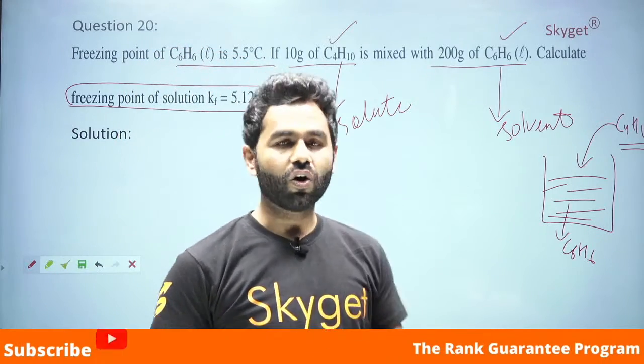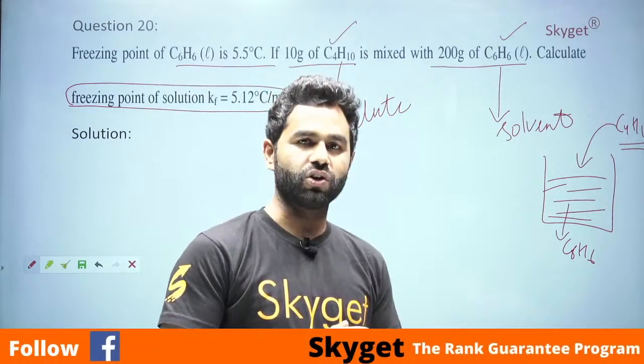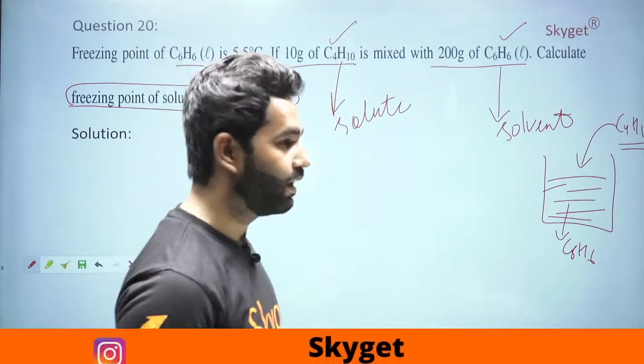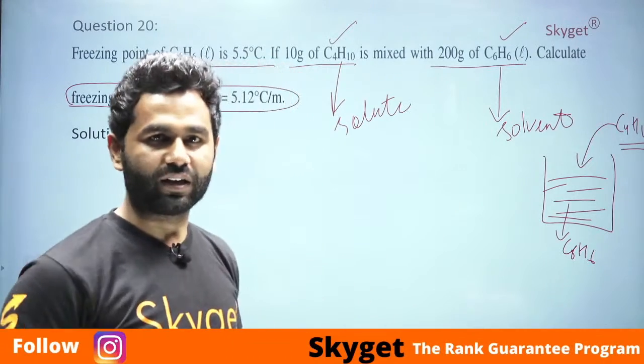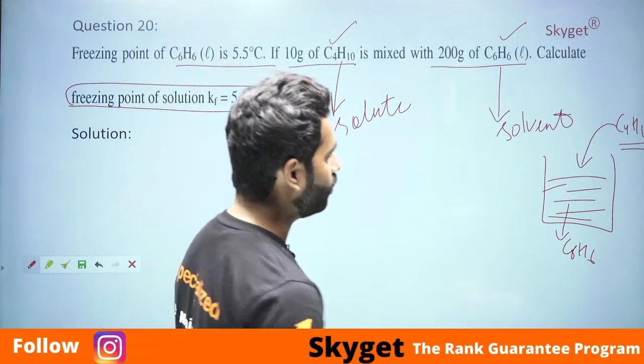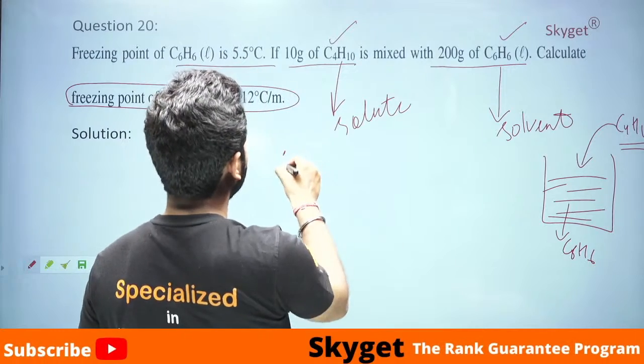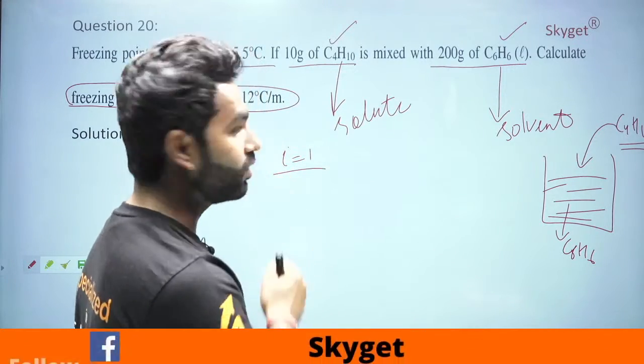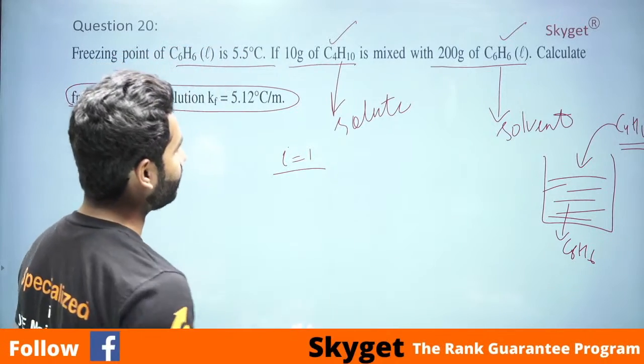There is no kind of dissociation of C4H10 in benzene. When there is no dissociation, the Van 't Hoff factor, that is i, is equal to 1. So here i is equal to 1. Now we need to apply the formula.